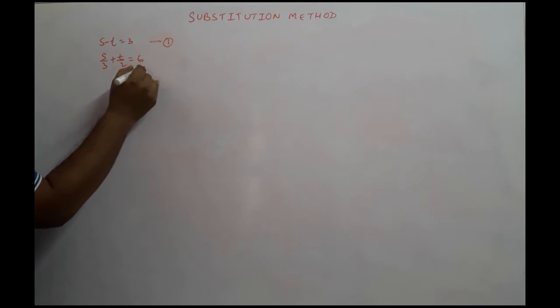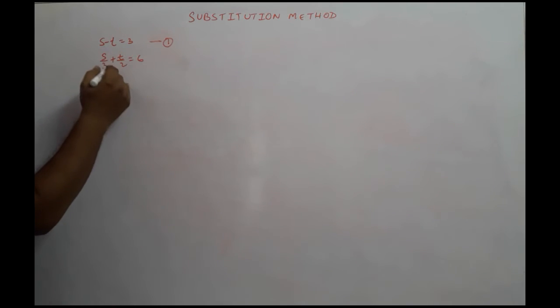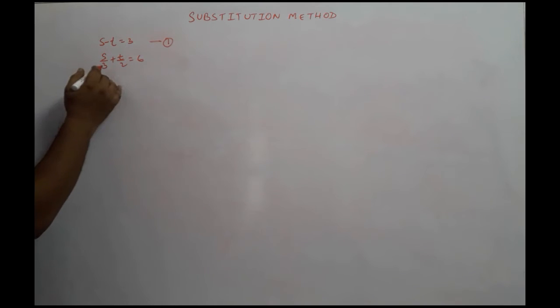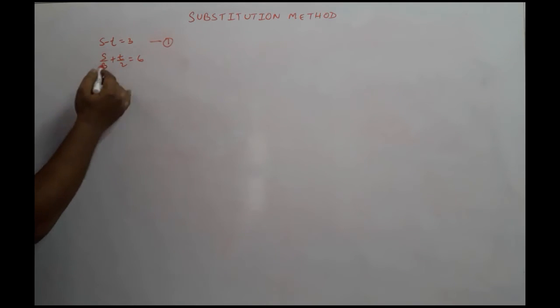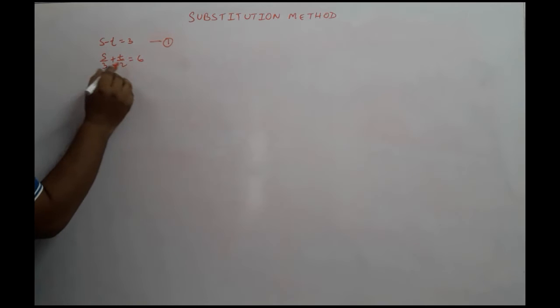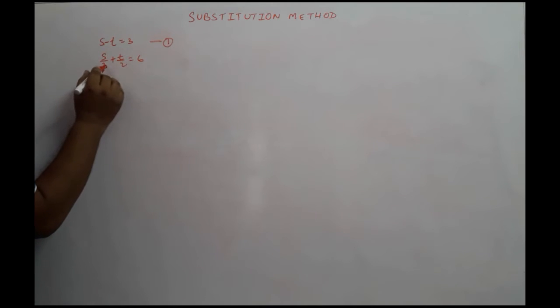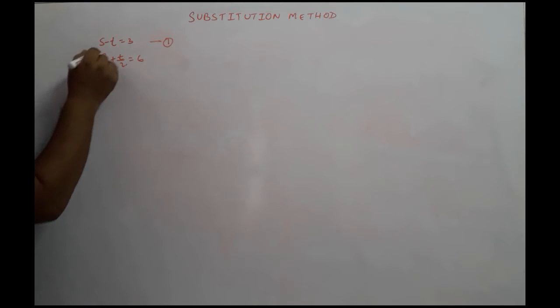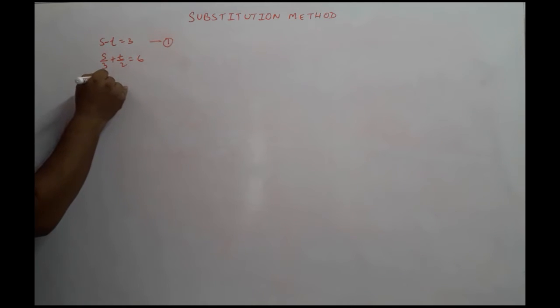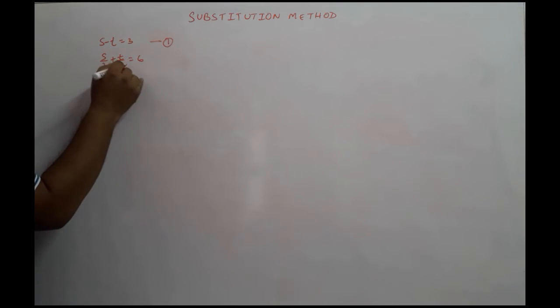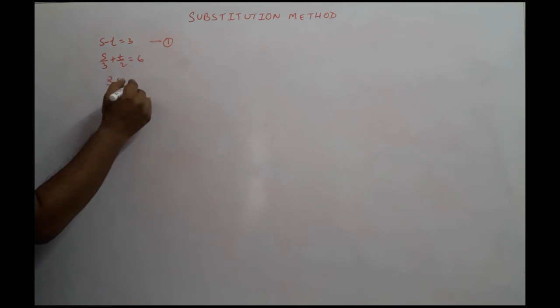But in case of this one, we'll try to get rid of the fraction and make it into a linear form. So what is the LCM for this? This will be 6. 3 into 2 will be 6. So we multiply up and down with 2, so that will give us 2s upon 6, and in the numerator as well as in the denominator we multiplied by 3.